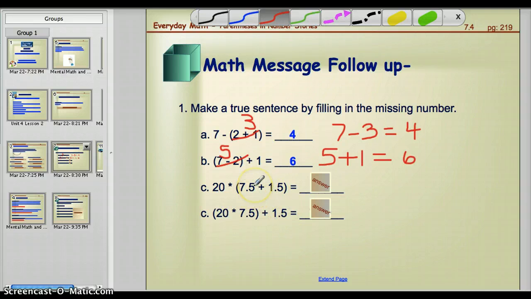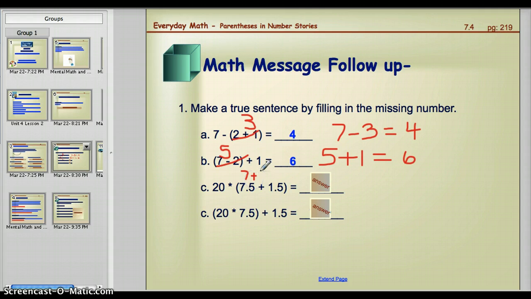Now, I would solve the halves first. A half plus a half is a whole, and then I have 7 plus 1, which is 8. And that other 2 halves, so 7 plus 1 plus 1, which gives me 9. Okay, and then I'm going to do 20 times 9 as my next step.